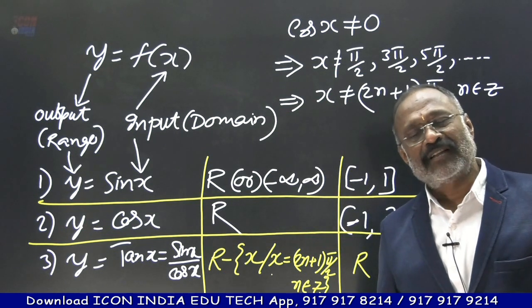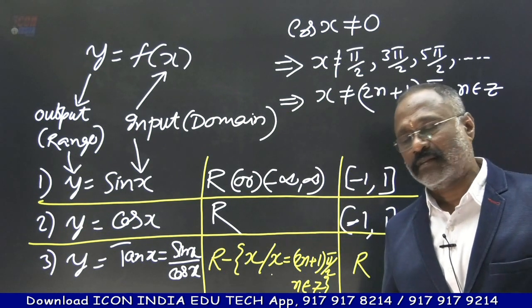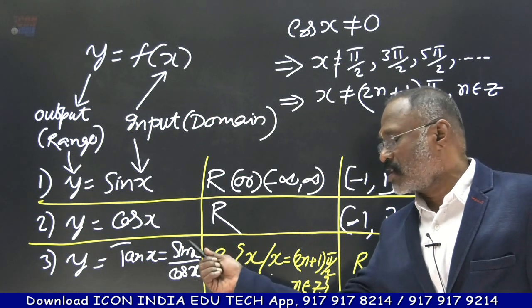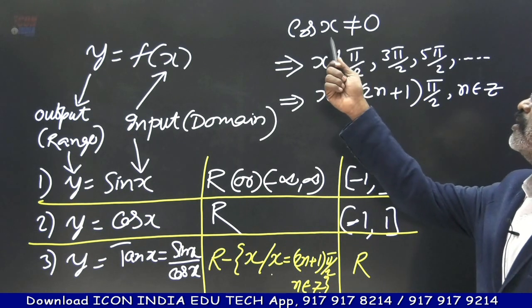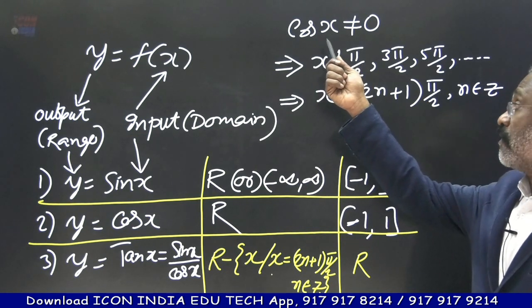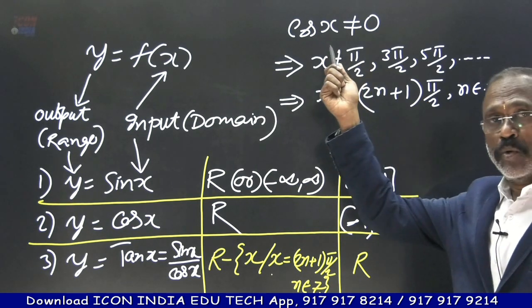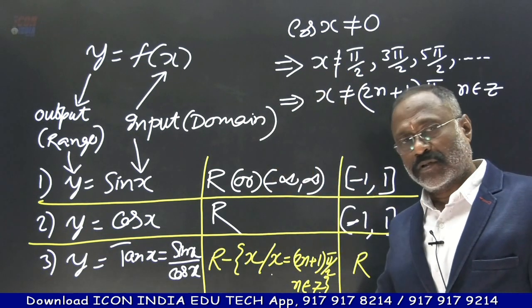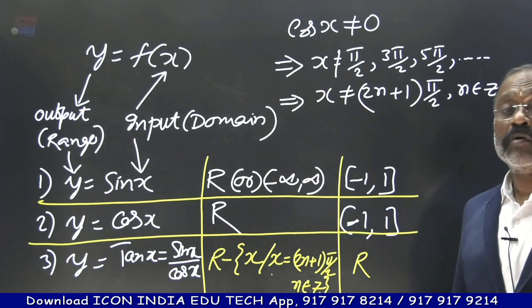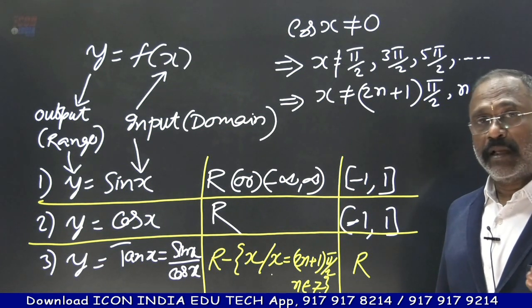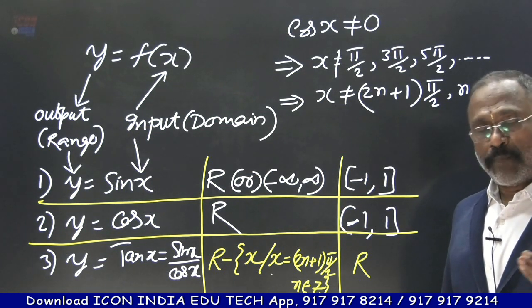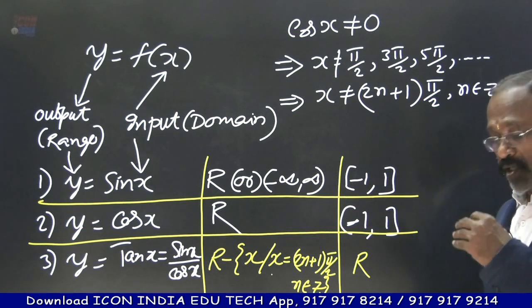So how to decide the domain of cot x? For cot x, which is cos x by sin x, the denominator will be sin x. You should not give those values to x in cot x which make sin x 0, because it is a reciprocal. Sin x becomes 0 when x is equal to 0, pi, 2 pi, 3 pi, and so on, n pi.